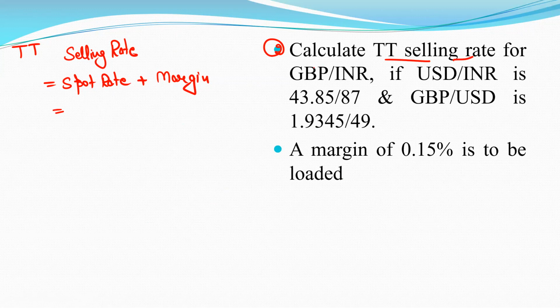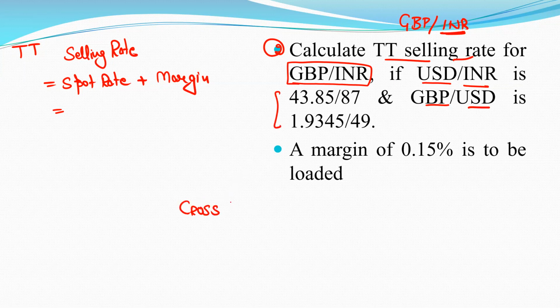We have to find the TT selling rate for GBP/INR. But here we are given USD/INR and GBP/USD, so first we have to use the concept of cross rate.